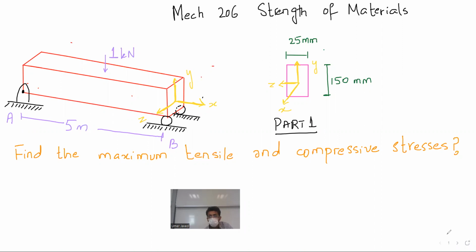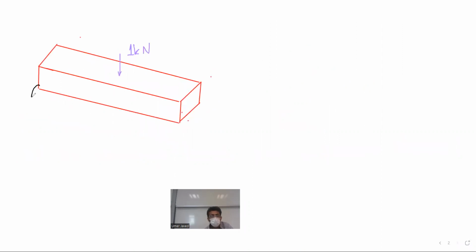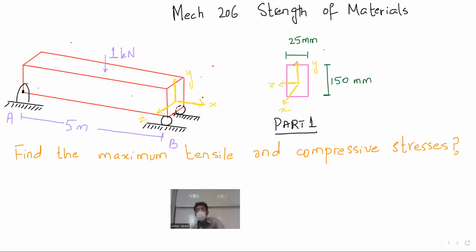I will just put a hinge here, a roller here, and you can add the rest of the things yourself. And if you can, please copy paste. Now it will be 150 by 25, okay?